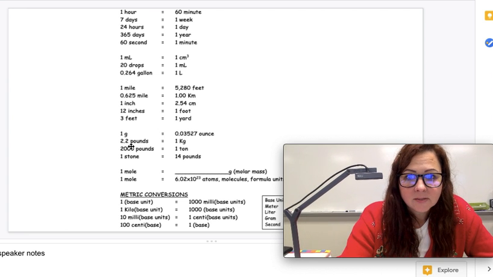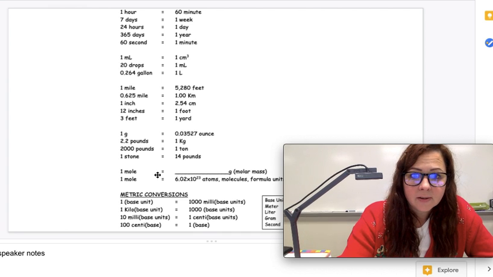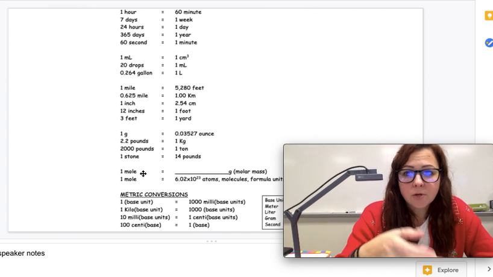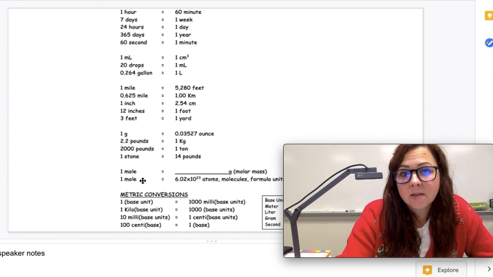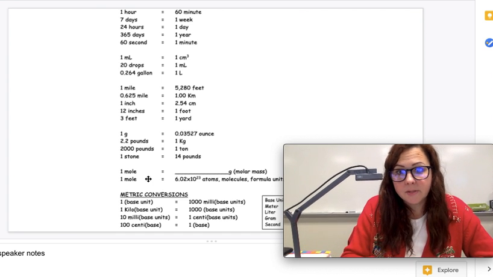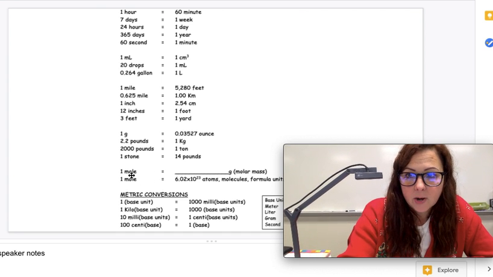Then we have mass, so pounds, grams, kilograms, tons, all of that in here. And then down here, you're not going to use this until next semester, but this is molar mass and this is the mole. Again, it's on your paper because we're going to use it later on down the road, but this year it's getting split up over this semester, so you won't need any of these right now.